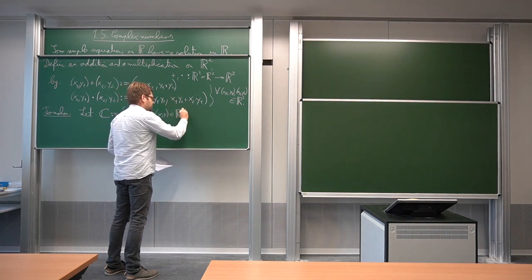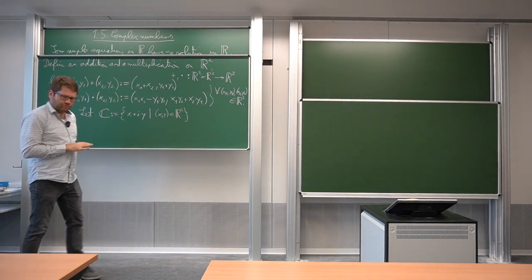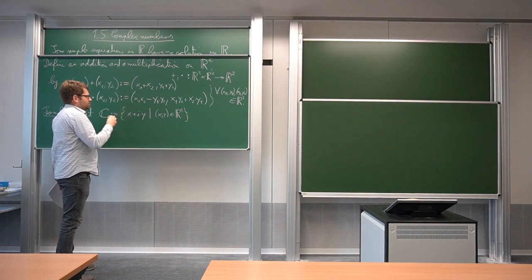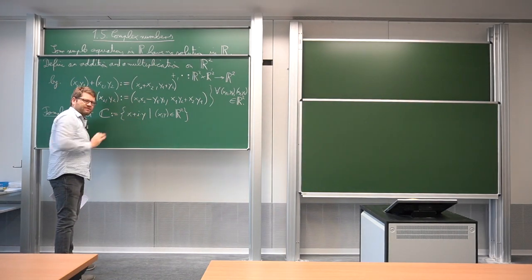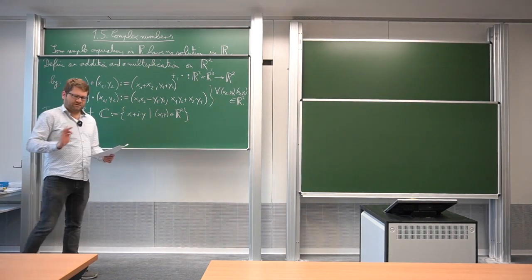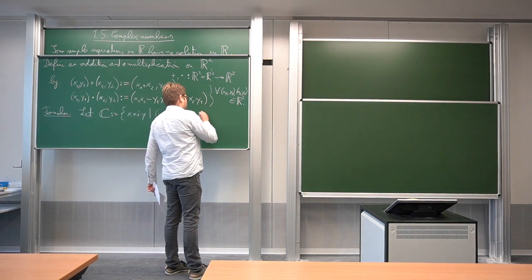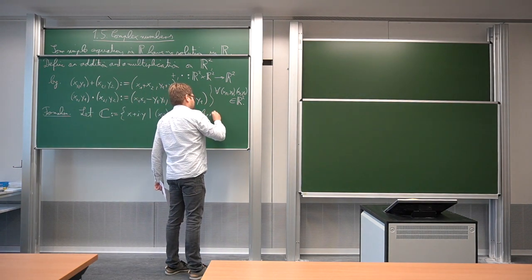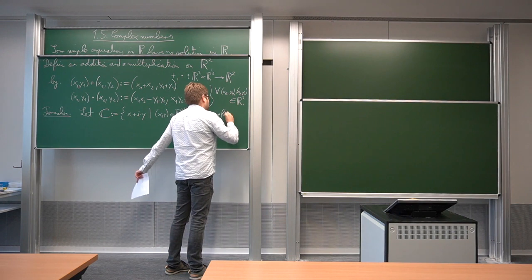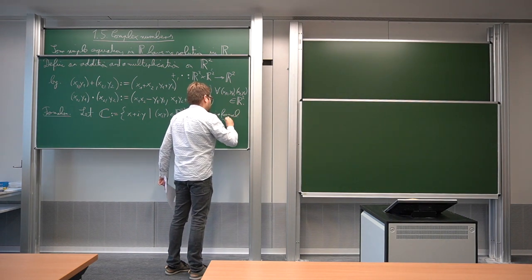So this is basically a fancy way of writing R2, just not as coordinate pairs, but by introducing this element I, where I is just some formal variable, which so far doesn't have any meaning at all.